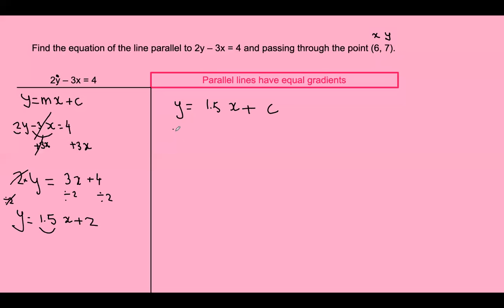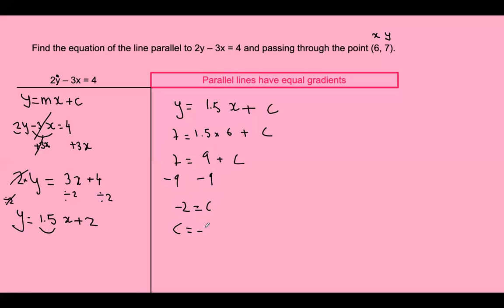So y is 7 equals 1.5 times the 6, because that is the x, plus c. So 7 equals 1.5 times 6 is 9 plus c. And minus 9 both sides, so c equals minus 2.